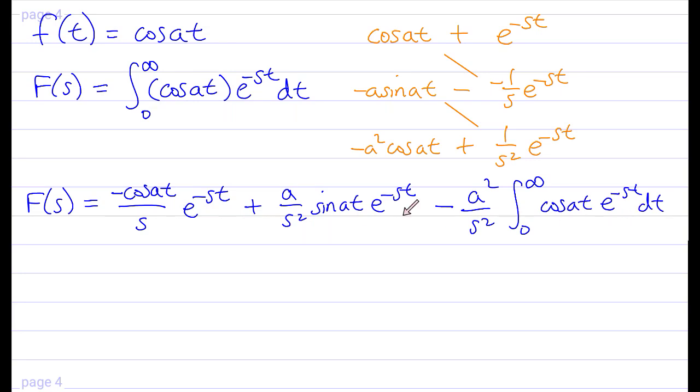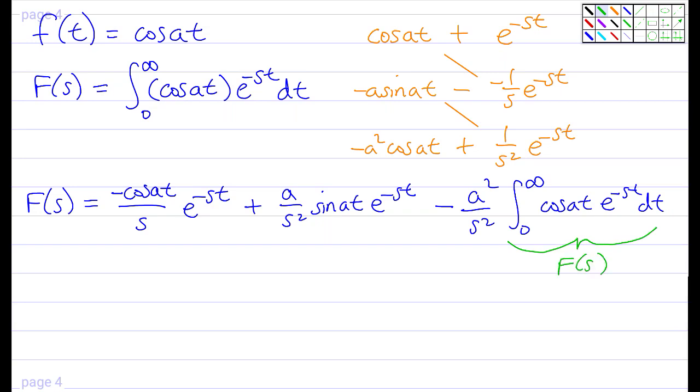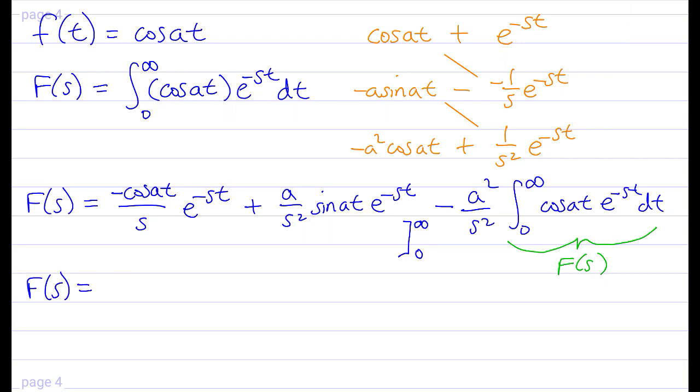I know this looks terrible, but something's happening here which is really useful. Look at this integral right here. This integral is f of s. Don't forget that we're going to evaluate this part from infinity to 0. So what does that mean? We get f of s equals, okay, this term, as t goes to infinity, goes to 0.